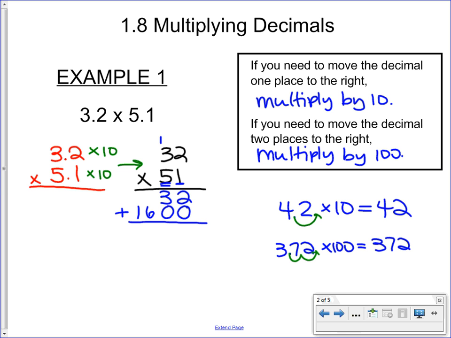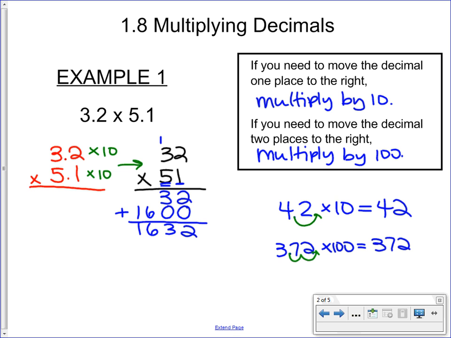Once we're done with the multiplication part, we add our 2 lines together. 2 plus 0 is 2. 3 plus 0 is 3. 6 and 1. So that's the answer to 32 times 51: 1,632. But our original problem said 3.2 times 5.1.